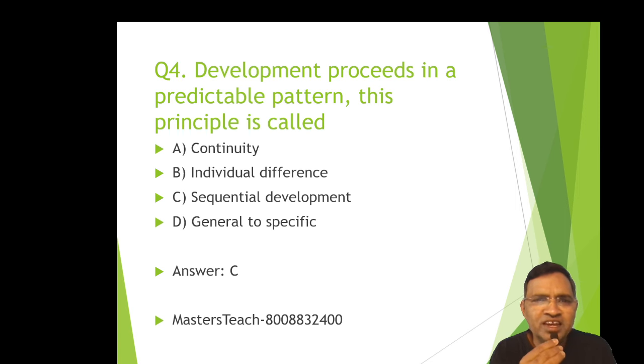Development proceeds in a predictable pattern. This principle is called A, continuity, B, individual differences, C, sequential development, D, general to specific. It is a little bit confusing. The answer is sequential development.